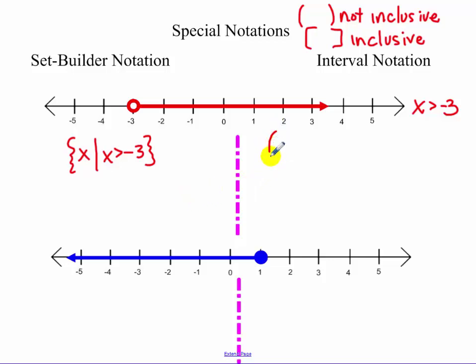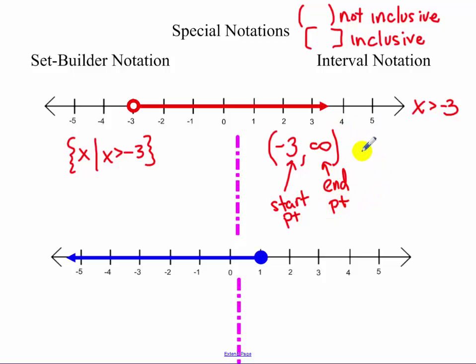We use a parenthesis because we don't include negative 3. So it's just negative 3, comma, and then our endpoint; it goes on forever, so that's going to be positive infinity. So this is not a coordinate. What this is, is the start point. It tells me that our interval starts at negative 3 and goes forever to infinity.